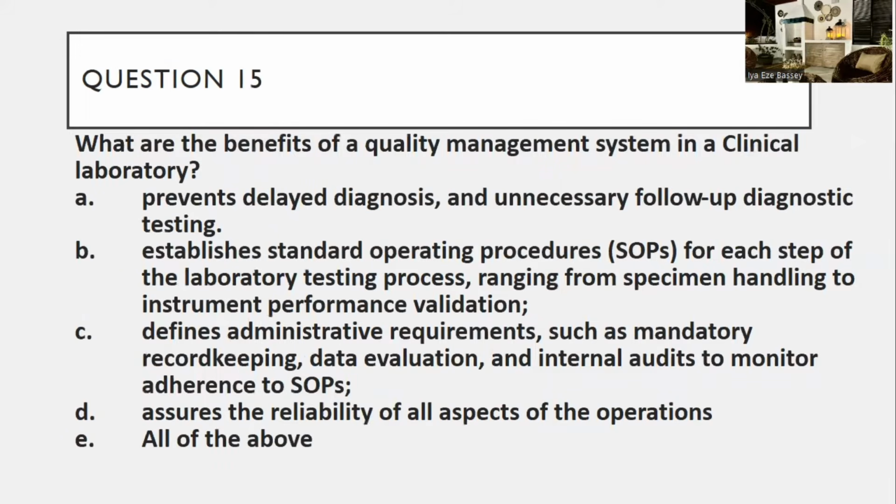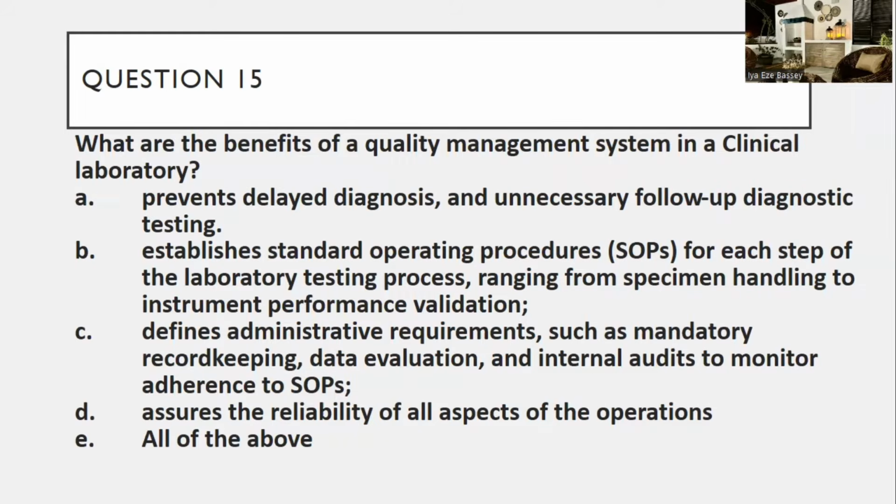So what are the benefits of quality management system in a clinical laboratory? A, it prevents diagnosis and unnecessary follow-up diagnostic testing. B, it establishes standard operating procedures for each step of the laboratory testing process, ranging from specimen handling to instrument performance validation.